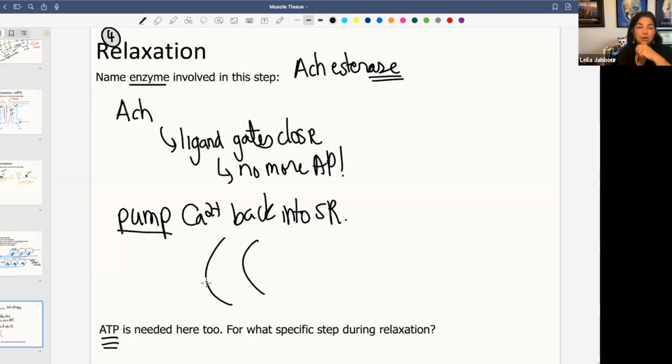So this was the SR, and there's the pump, and the pump uses ATP to push these calcium ions back into the SR. So we need ATP to have relaxation. We needed ATP for the cocking of the myosin heads, and we need ATP for relaxation because we need to pump the calciums back into the cell.